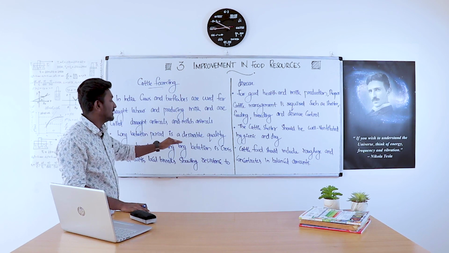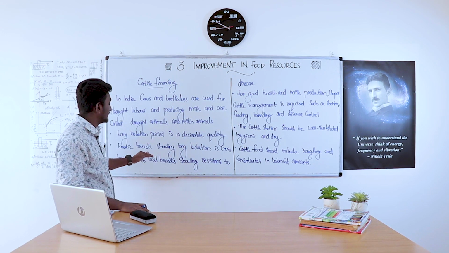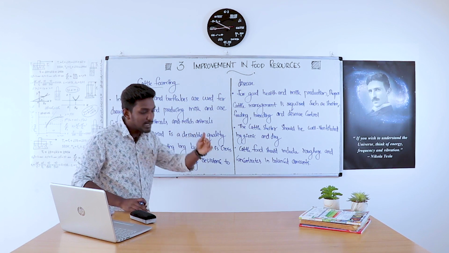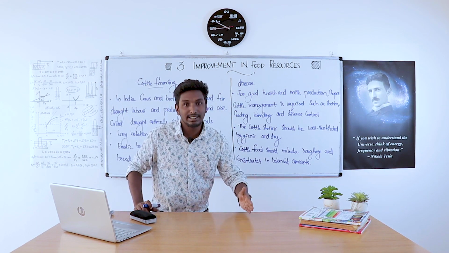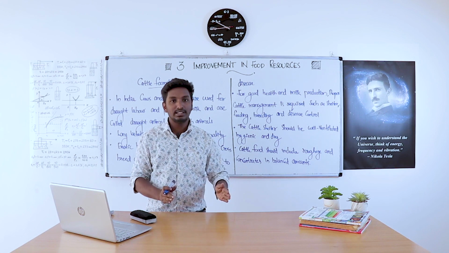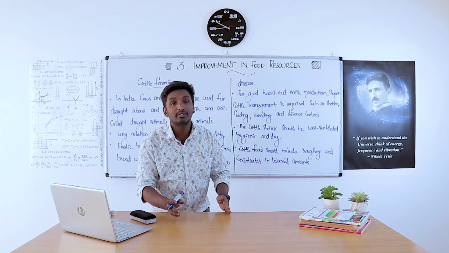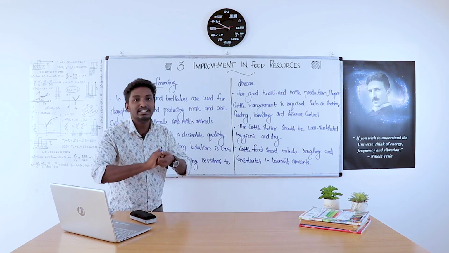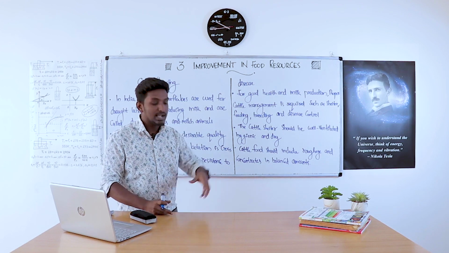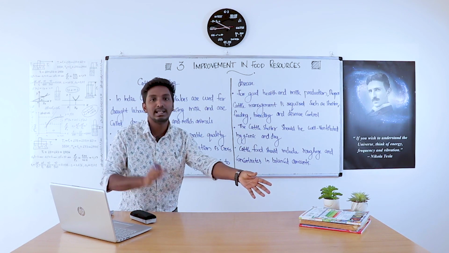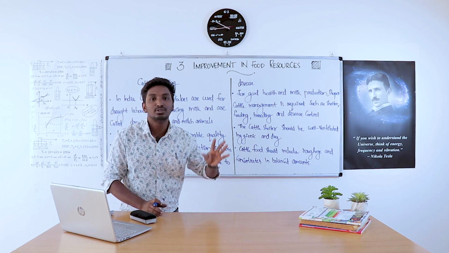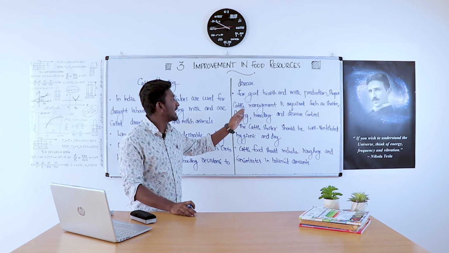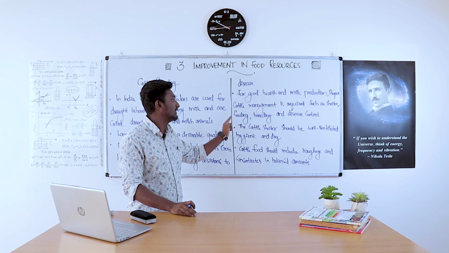Exotic breeds showing long lactation are crossbred with local breeds showing resistance to disease. When we breed these together, we get offspring having the quality of long lactation and resistance to disease.